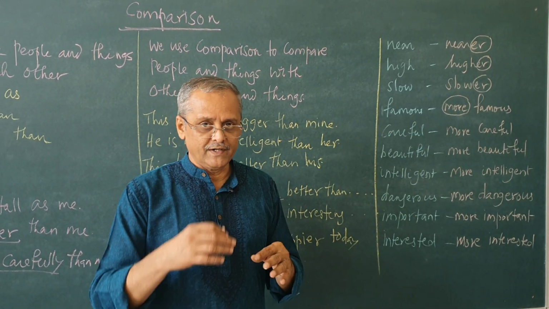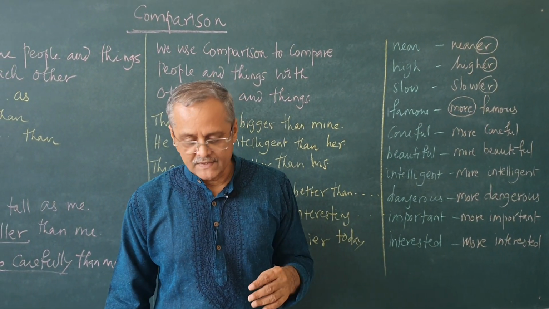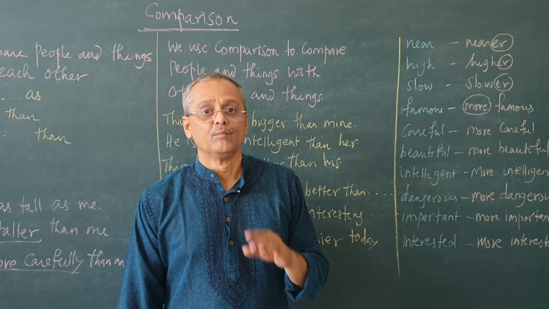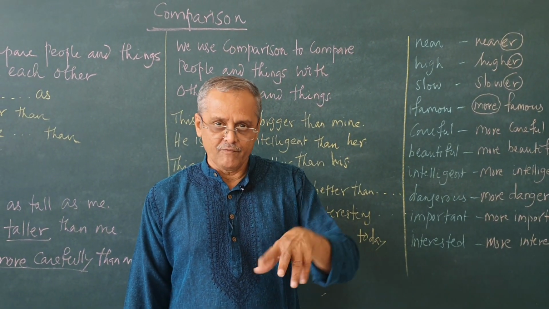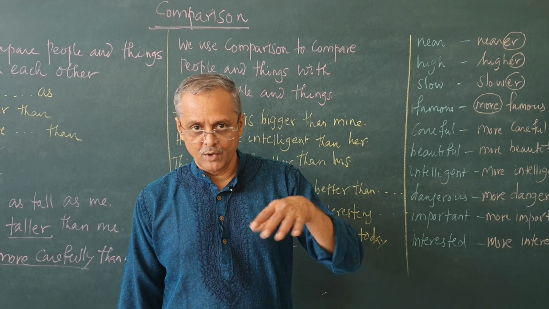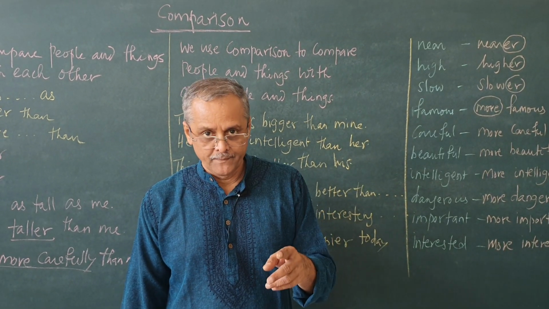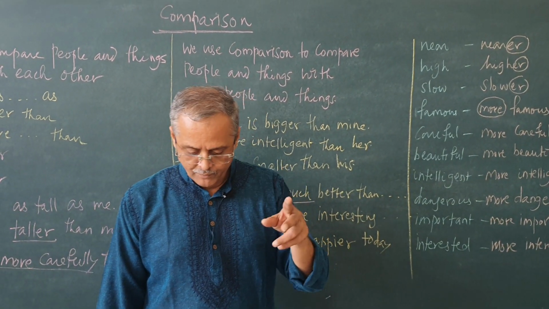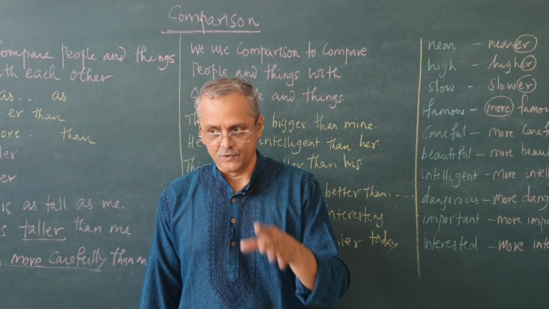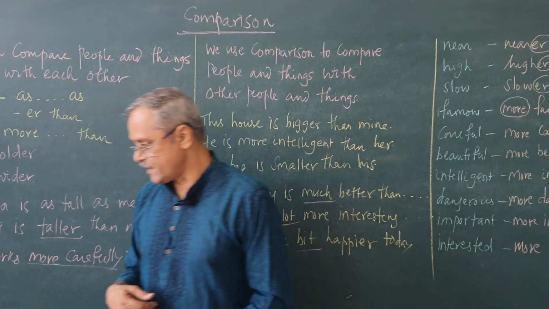So, you have to find out that for more than one syllable we use more always. In the same way, in superlative degrees, for more than one syllable we use most. That is how we can identify where to use more and where to use most. I will give you some more examples now.